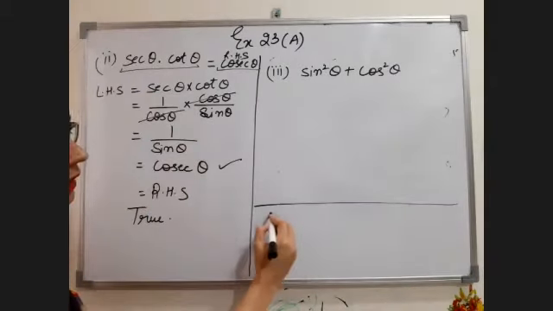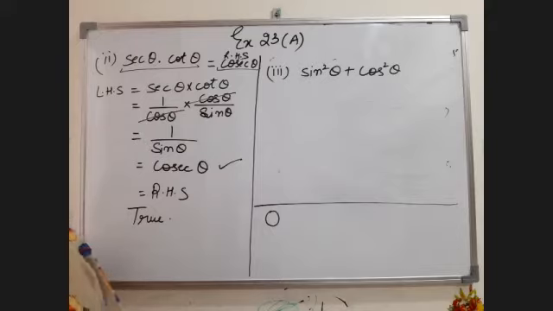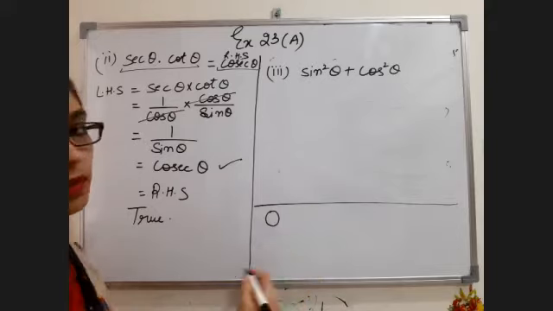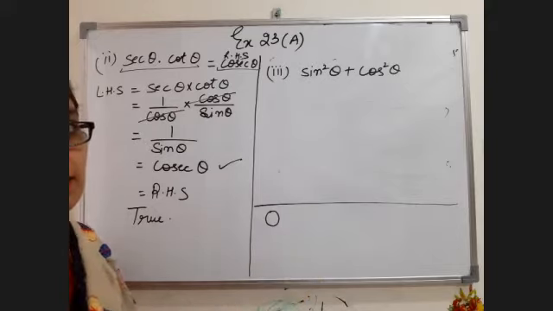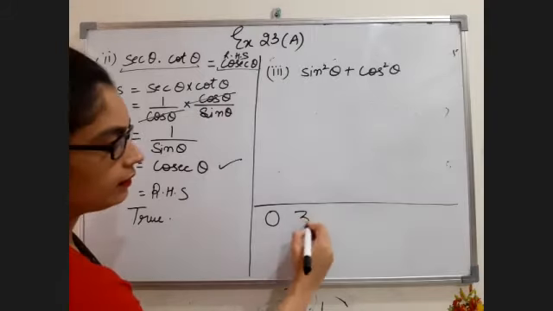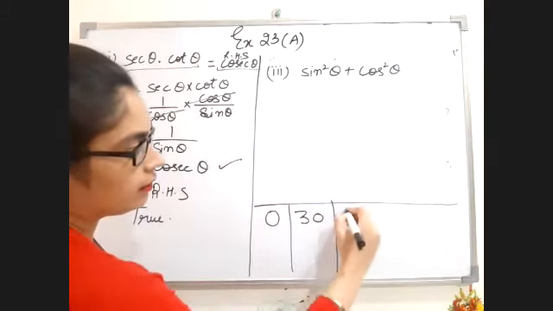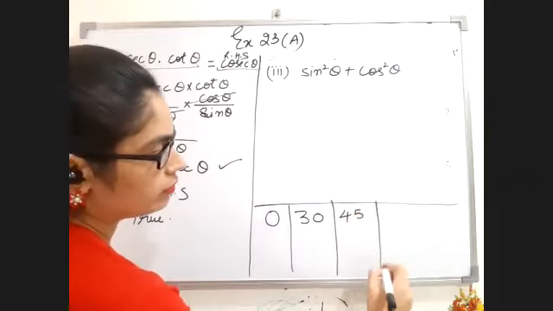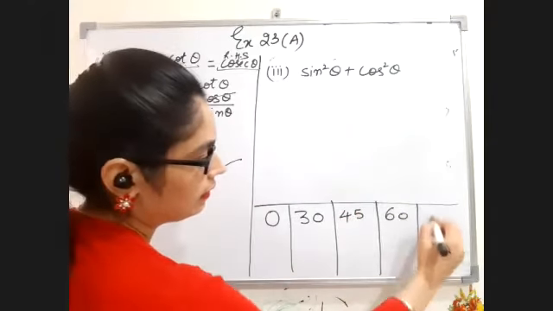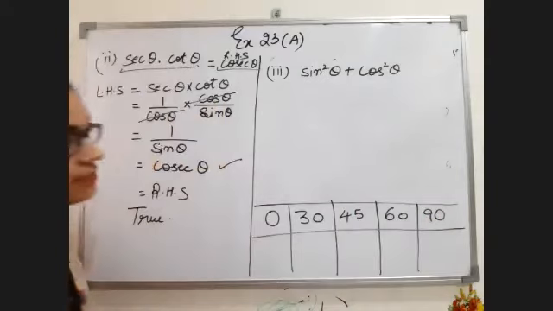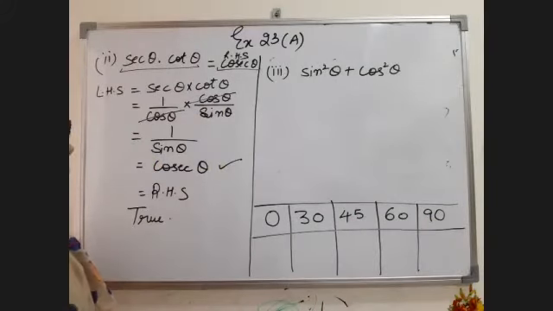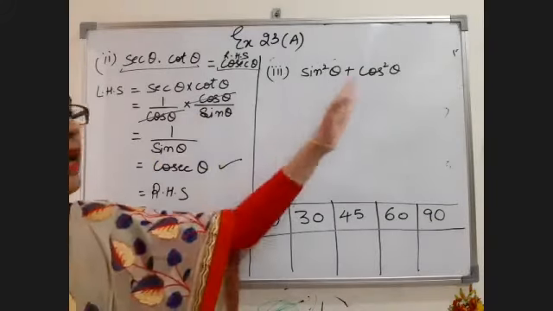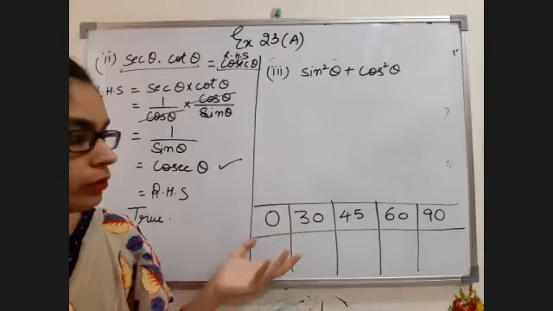Which are the standard angles? 0, 30 degrees, 45 degrees, 60 and 90. So these are the standard angles. We can assume theta as any of the 5 angles.